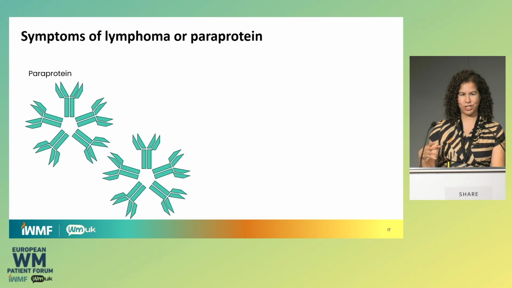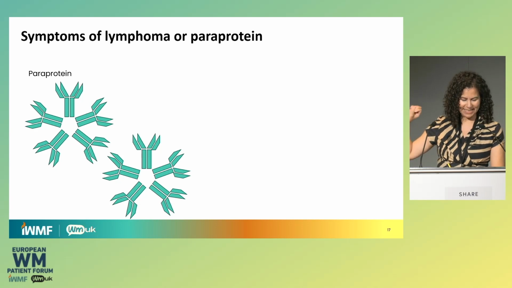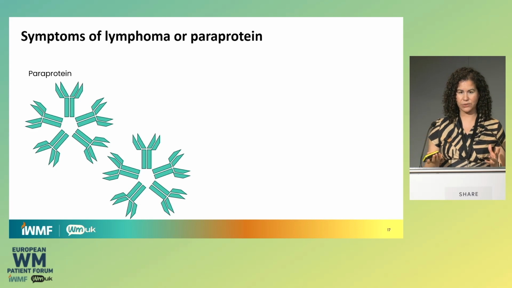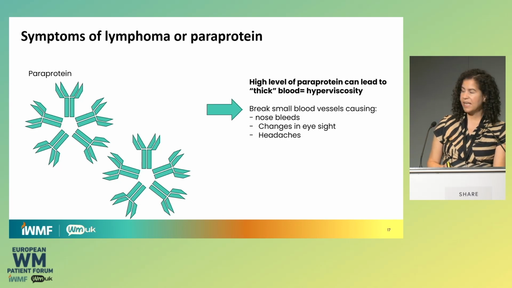But as I mentioned to you, the WM cells produce this abnormal antibody, the paraprotein, and the paraprotein goes round in groups of 5. So in my very basic diagram here, you can see that they're quite big molecules, and so when they're very high, they can make your blood essentially thick, and that's what's sometimes referred to as hyperviscosity.